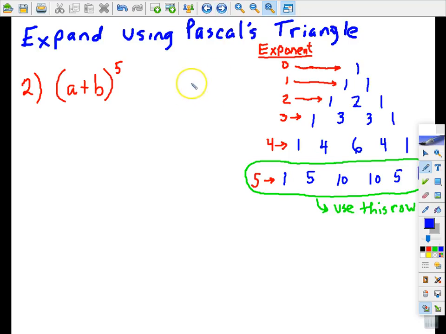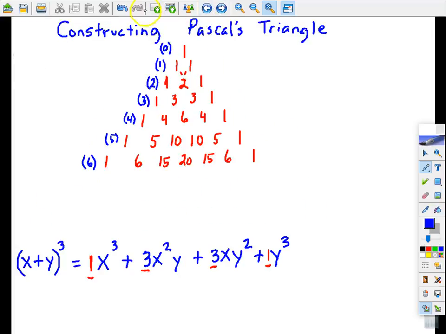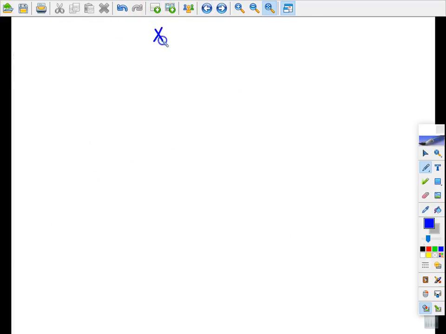Okay, so let me just back up and we'll create a new slide. Here's x plus y to the third. And again, let me just put the triangle up real fast. And I'm not going to put the whole triangle, but I notice that I've got exponent 3, so once again I'm going to go to this row of the triangle that has the 4 numbers, 1, 3, 3, 1.